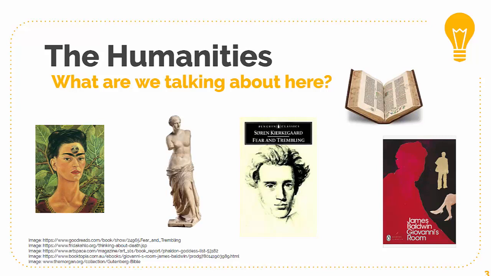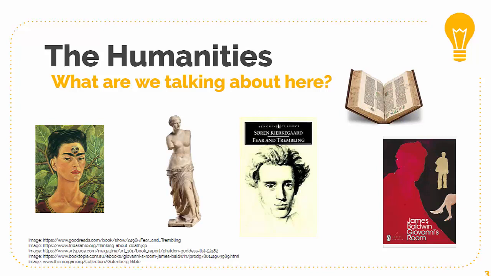Historically, what these disciplines had in common was the study of the material. So whether it's a written text, a painting, or a relic from ancient times, they were all tangible objects. So classically, in doing the work of the humanities, which is researching and analyzing these materials, it required some sort of interaction with a physical object of study.